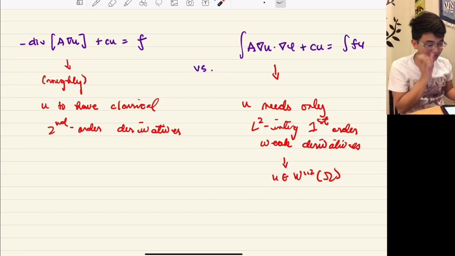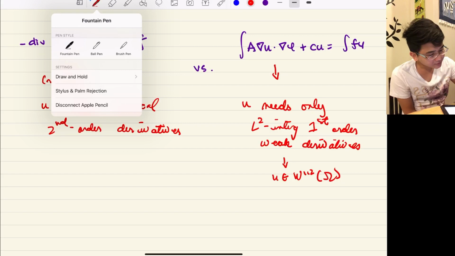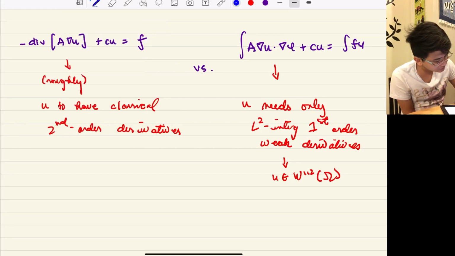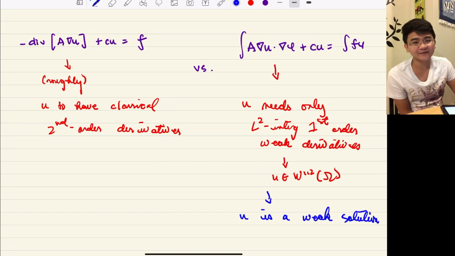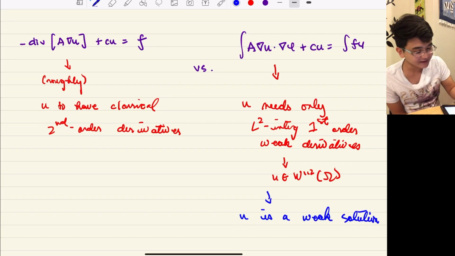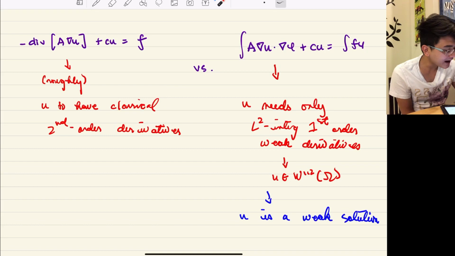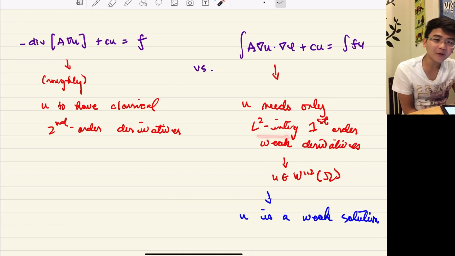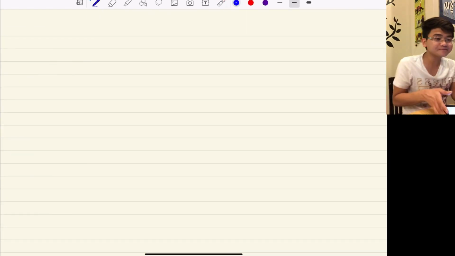It's a weak solution because you require less from u. So instead of it having classical second order derivatives, you only want u to have L2 integrable first order weak derivatives. Okay, so let's make that formal.